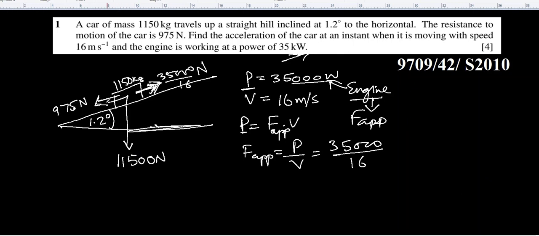Its component in this direction will be one more resistance to the force applied by the engine. So that will be 11500 sine 1.2 degrees. The component in this direction is always cos, 11500 cos 1.2 degrees, and in this direction it is always sine.